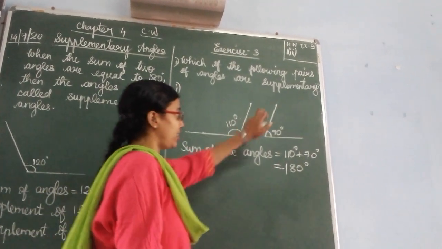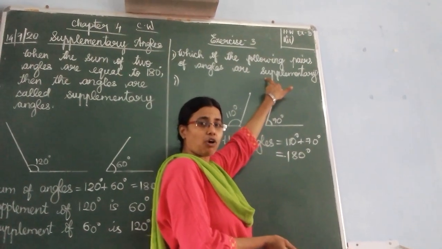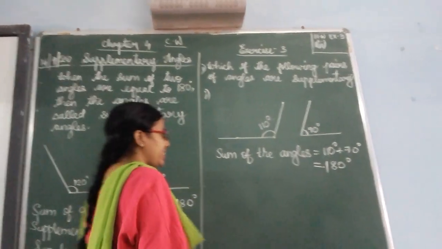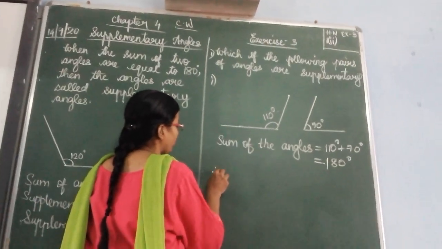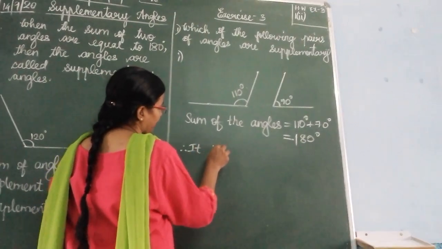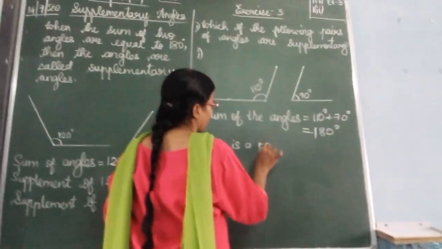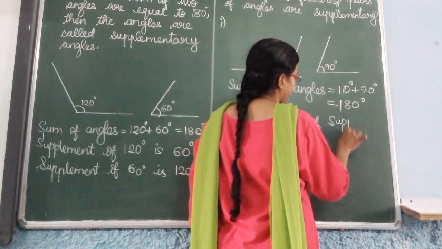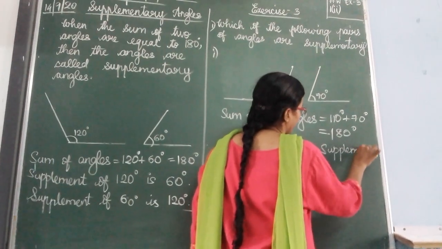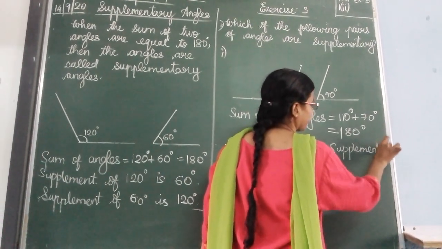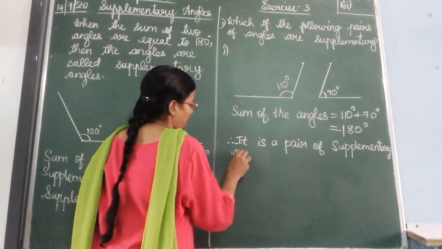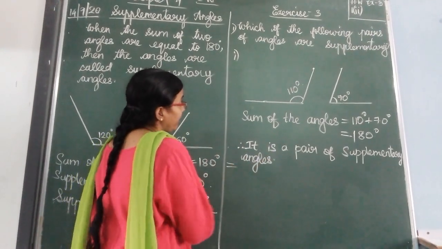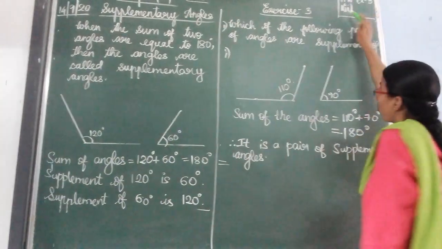You know the statement that supplementary angles are formed when the sum of two angles is equal to 180 degrees. Therefore, it is a pair of supplementary angles.